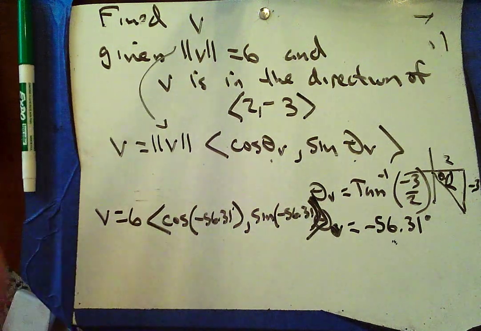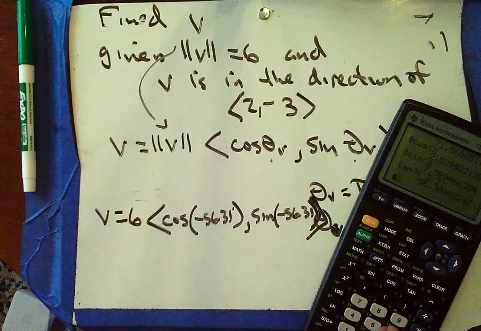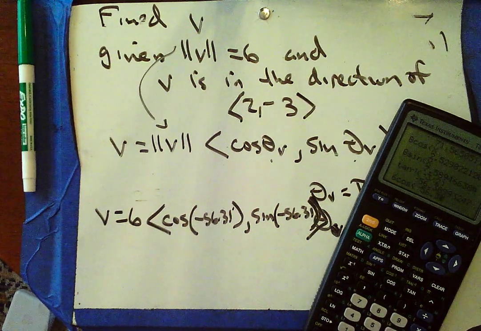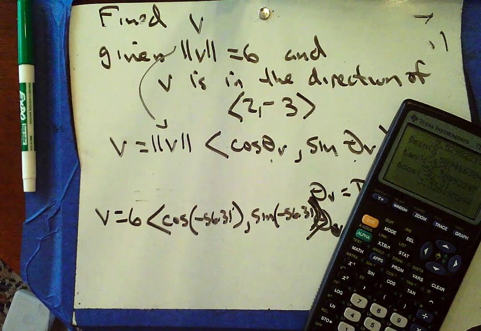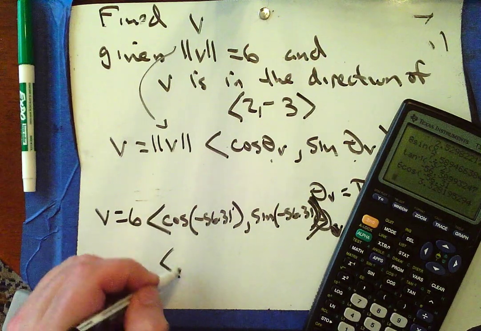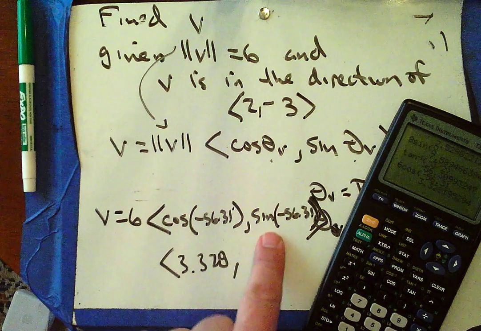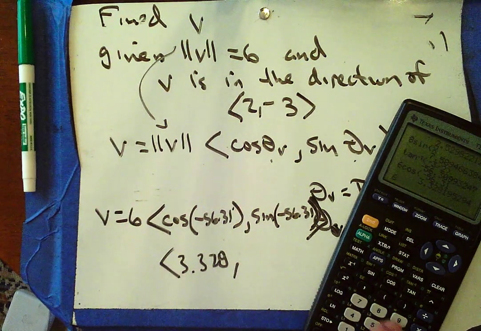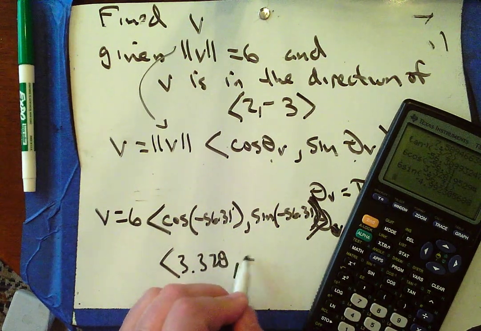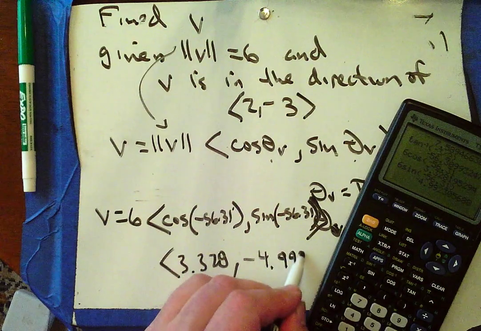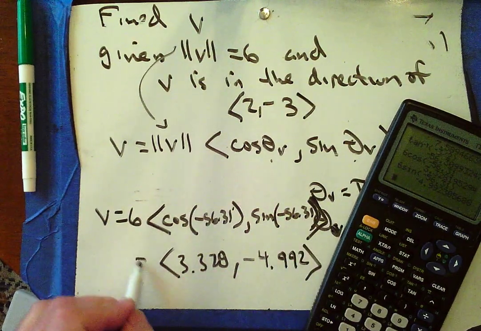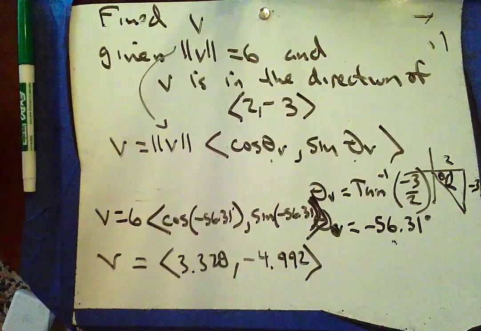So let's do 6 cosine negative 56.31, and I get 3.328, and I'll do 6 sine negative 56.31. And I end up with negative 4.992. And so there's the component form of v.